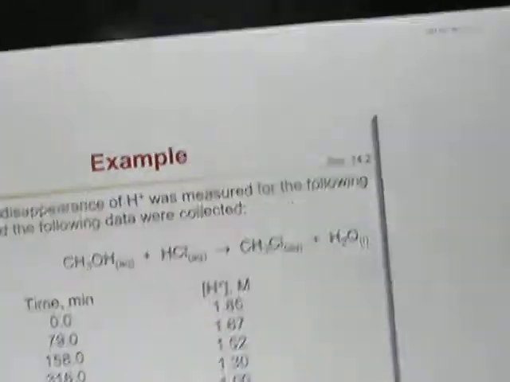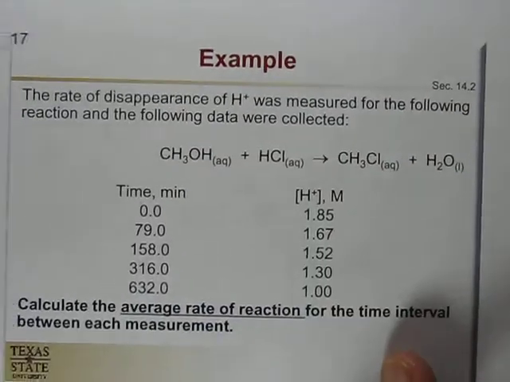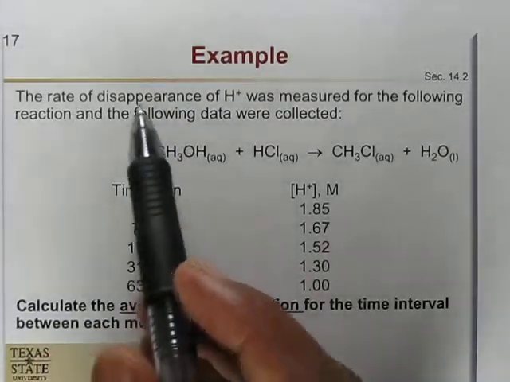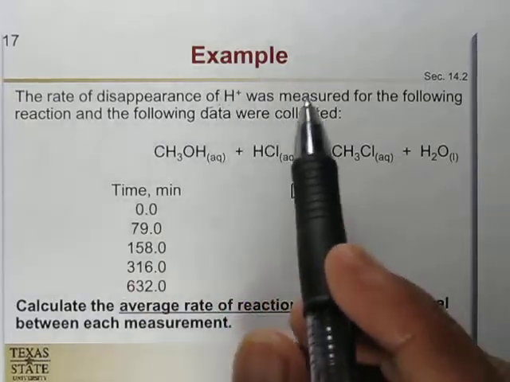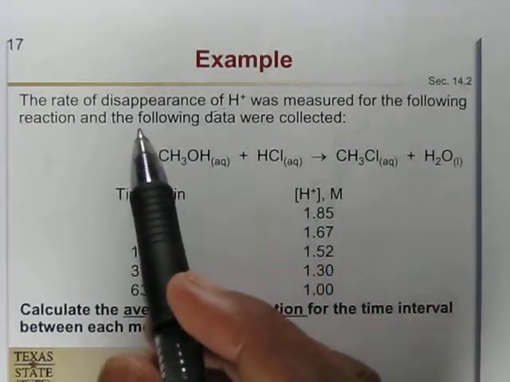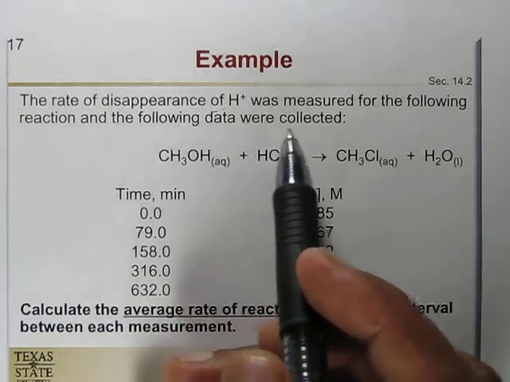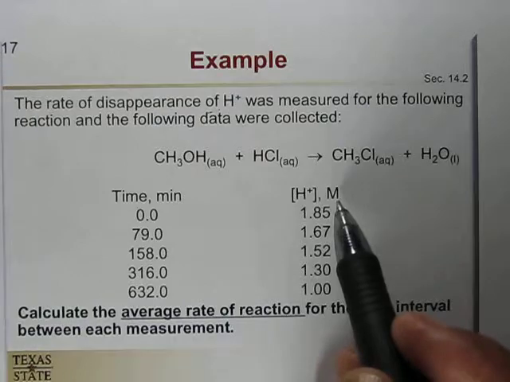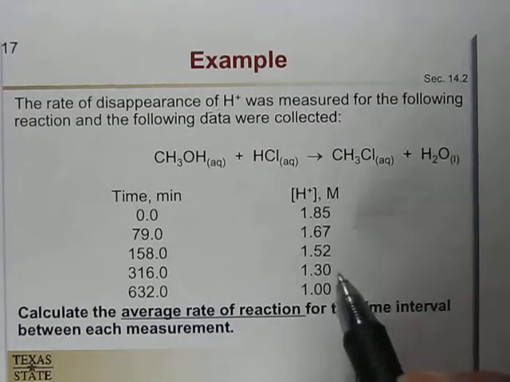So let's take the same example in the form of a question, how to calculate the rate. The rate of disappearance of H plus ion was measured for the following reaction and the following data were collected. Time in minutes and hydrogen ion concentration in molarity is given.